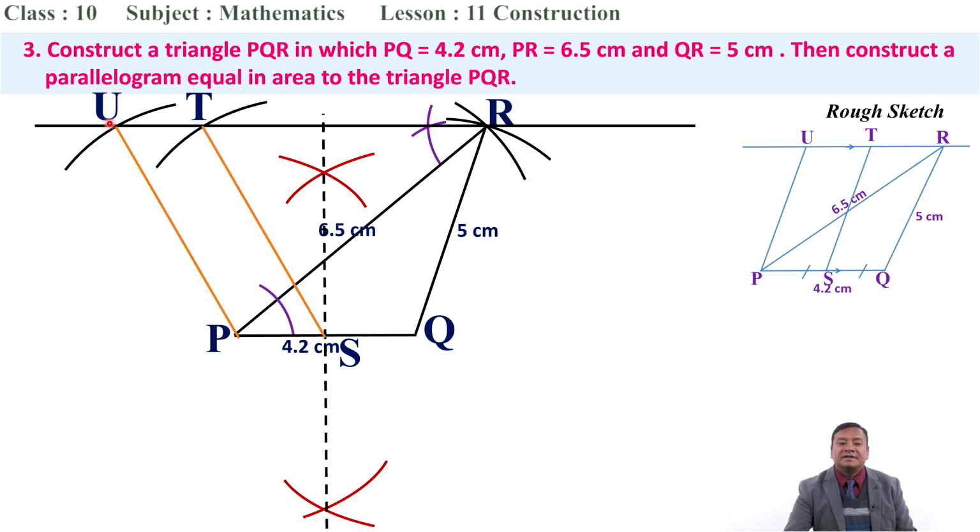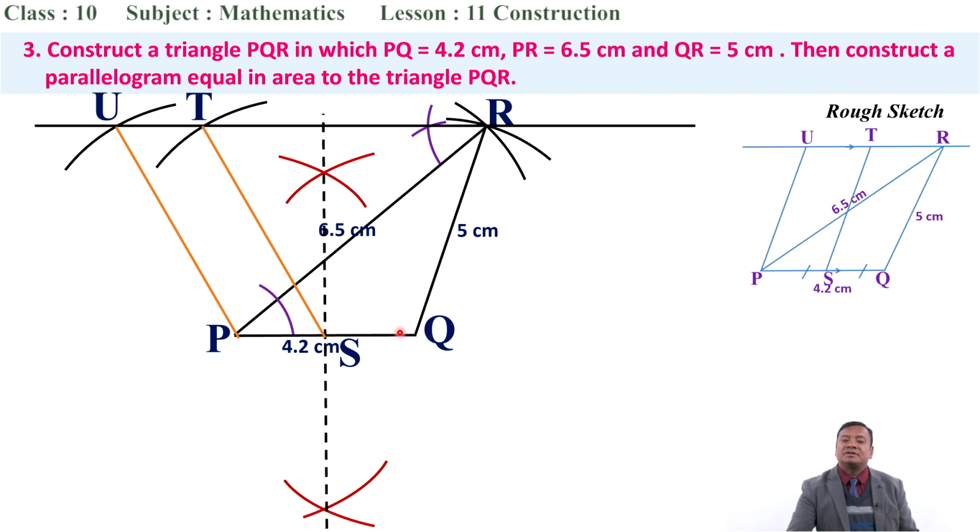And here this parallelogram PSTU is on half base of this side PQ of triangle PQR. So here we can say the area of this parallelogram is equal to the area of triangle PQR. Already I told you, instead of this base PS you can take base QS also.